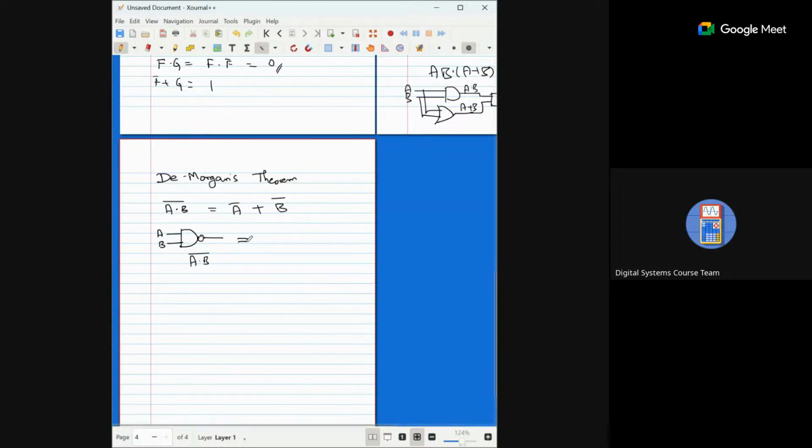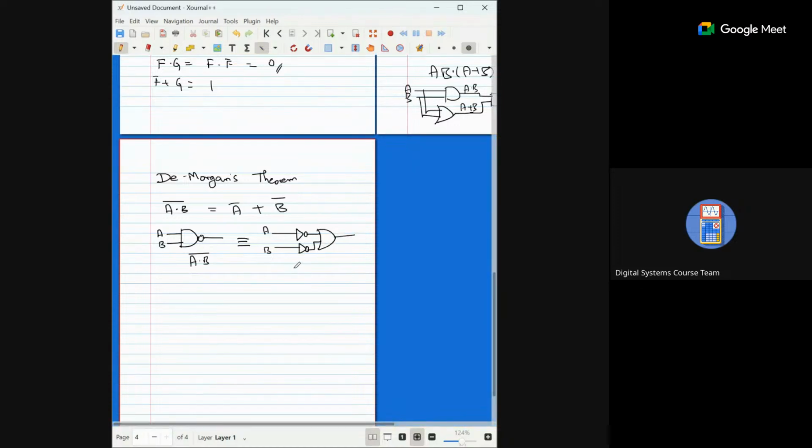This is equivalent to that of complemented inputs A and B, giving that value to an OR gate.